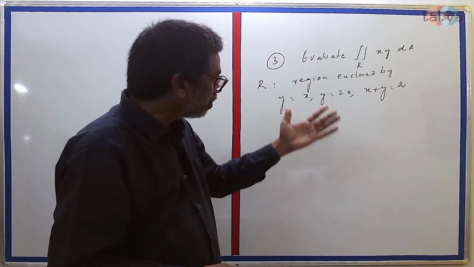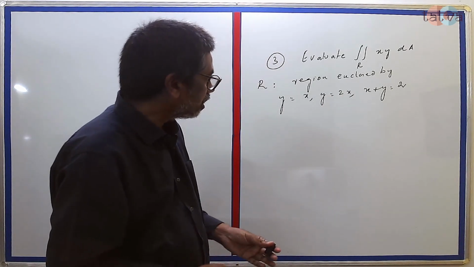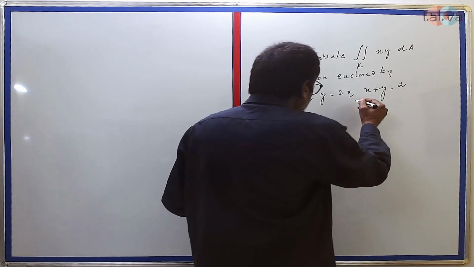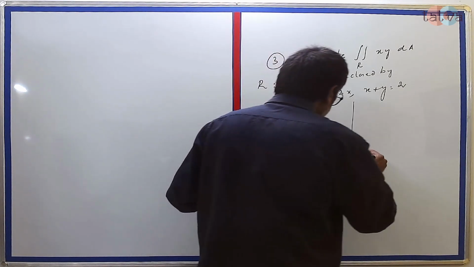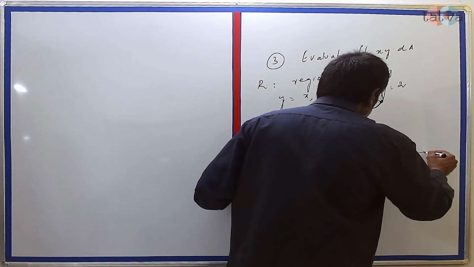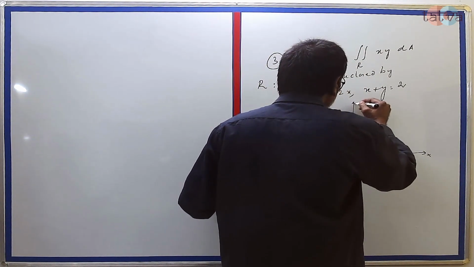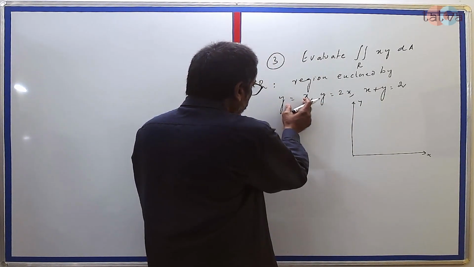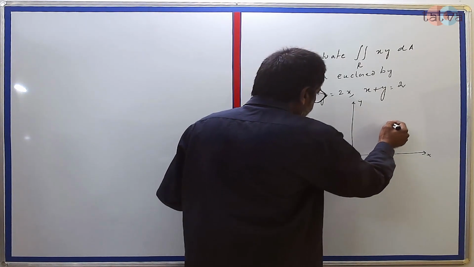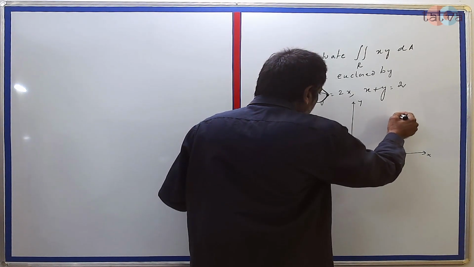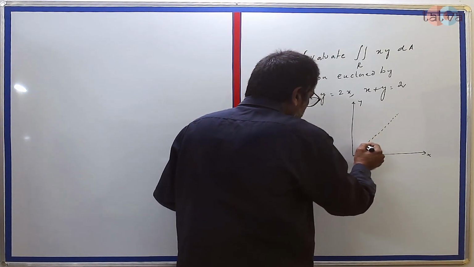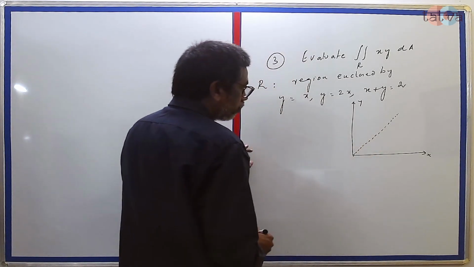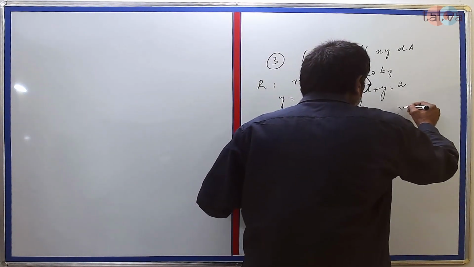So let us first draw a rough sketch of this region. So we'll begin with y is equal to x. I'll use a dotted line for y is equal to x. I'll write that equation here.